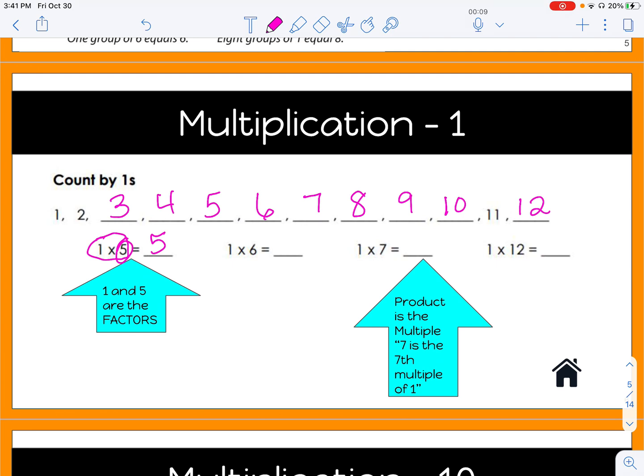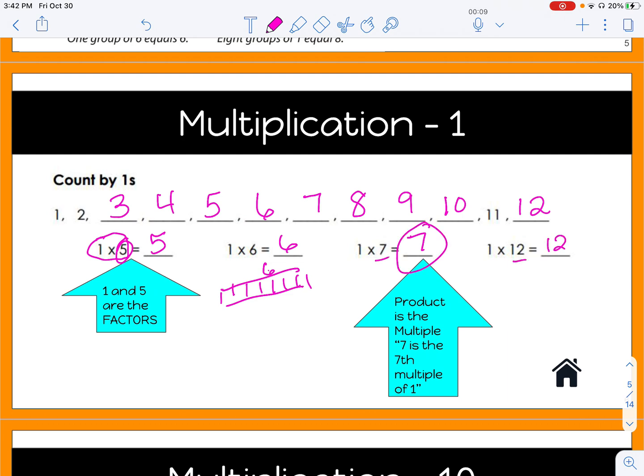Same thing with 1 times 6. I basically have an array or one group. Oops, I have one too many there. Okay, so then over here, I'm going to have 7 and 12 because I'm just taking that identity.